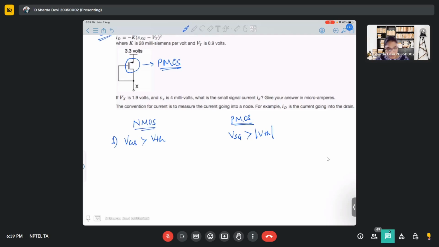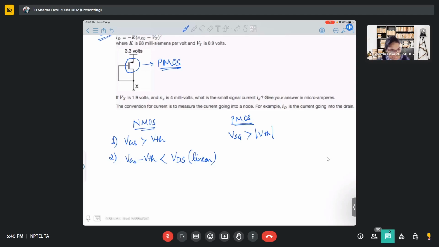Now the second condition. When is your NMOS in linear region? When VGS minus VTH is greater than VDS, then the condition is linear.